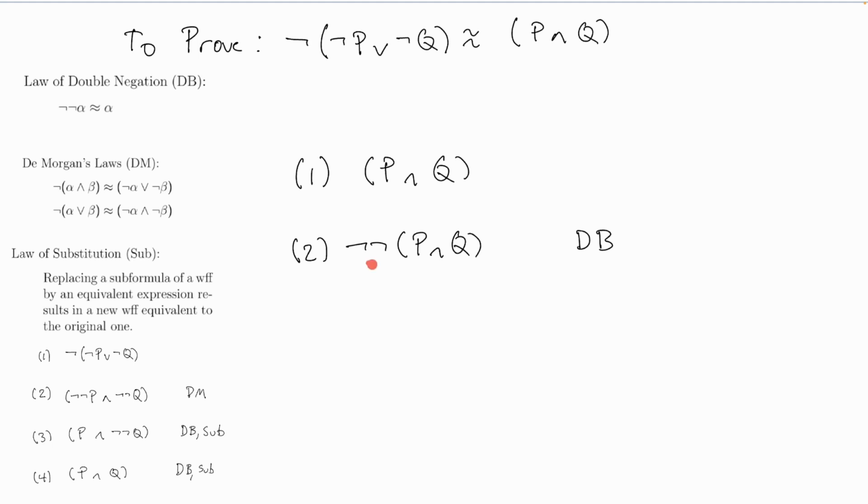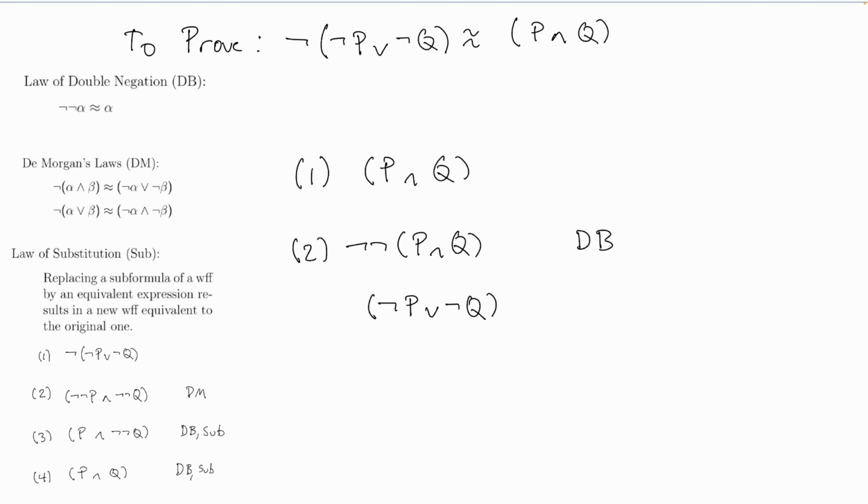Next, notice that not P and Q is a subformula of not not P and Q. And one of De Morgan's laws tells us that not P and Q is equivalent to not P or not Q. So by the law of substitution, we can replace not P and Q in the original formula with not P or not Q, and the resulting formula will be equivalent to the original.